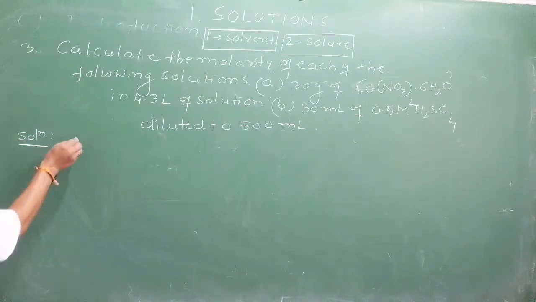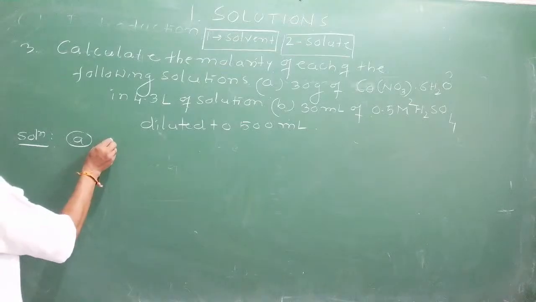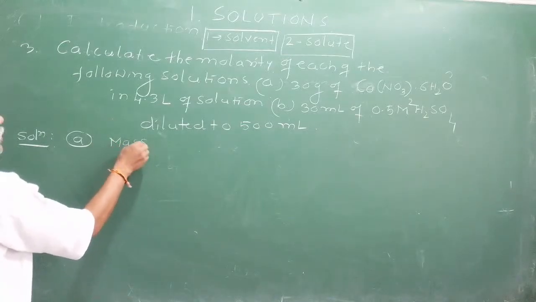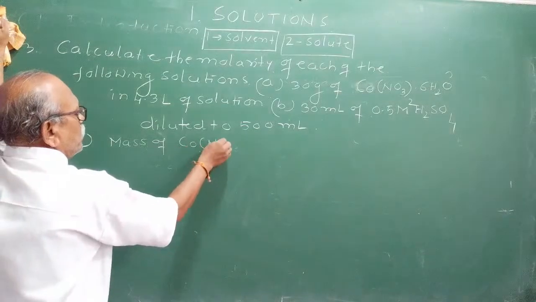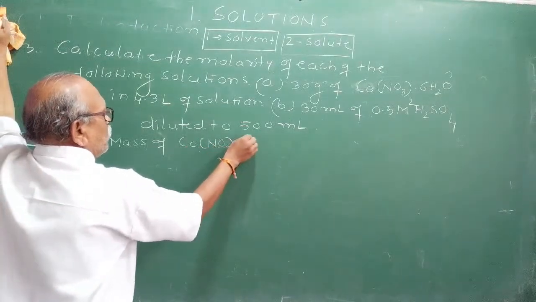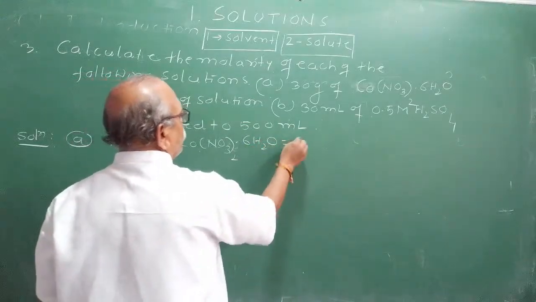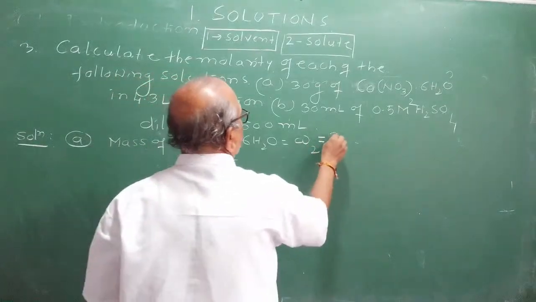Molarity of the solution A. 30 grams of cobalt nitrate, that is the mass of cobalt nitrate Co(NO3)2 dot 6H2O. It is a solute. Therefore, let me take W2 as given, 30 grams.